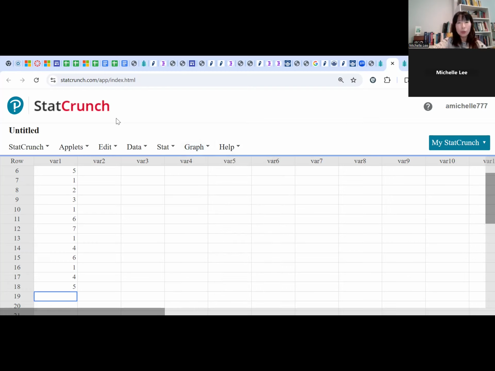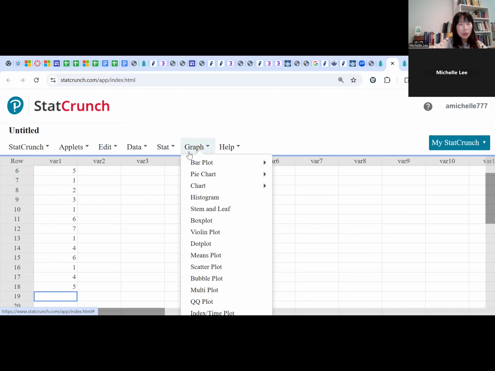Okay, let's go to the graph, then dot plot. Where's dot plot? There we go. Graph, dot plot.